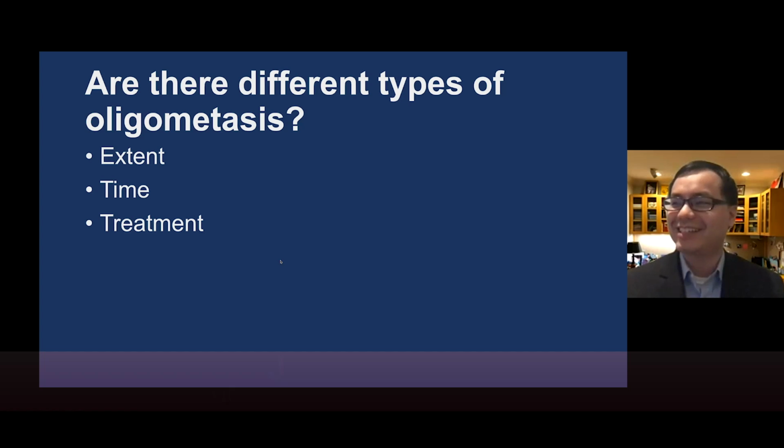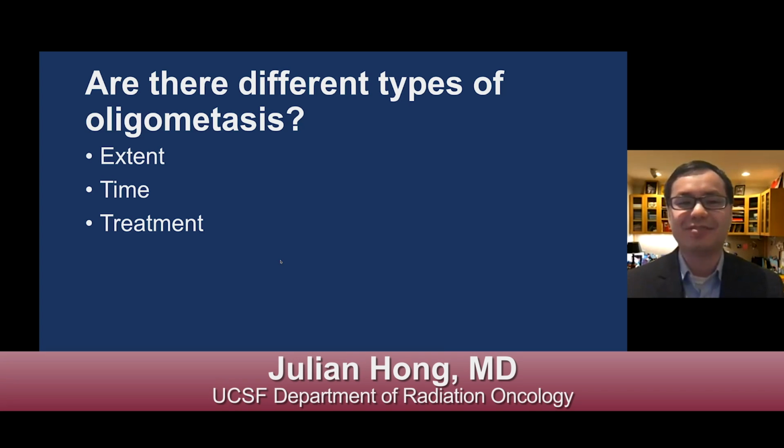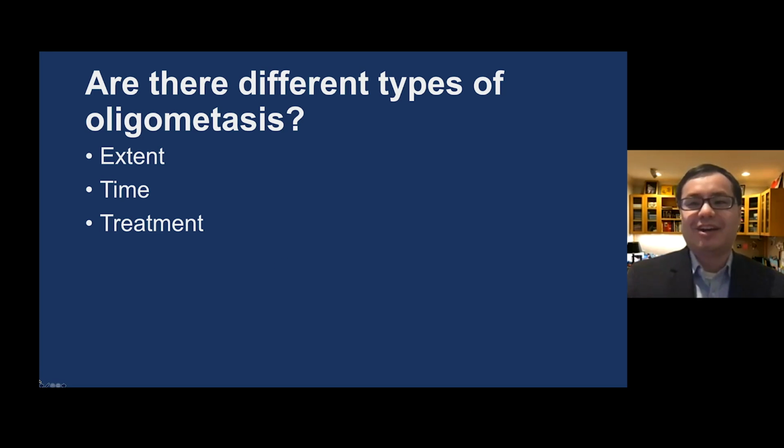So the next thing we'll discuss is, are there different types of oligometastasis? We distinguished between oligometastasis, so-called limited metastatic cancer, in comparison to widely metastatic cancer. But there are a number of features that we've started to incorporate more in our thinking and our rationale for what constitutes different types of oligometastatic cancer.